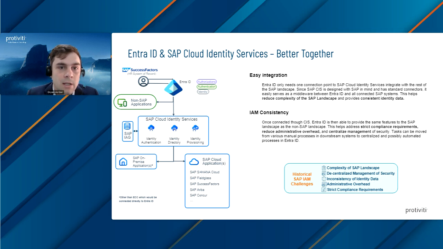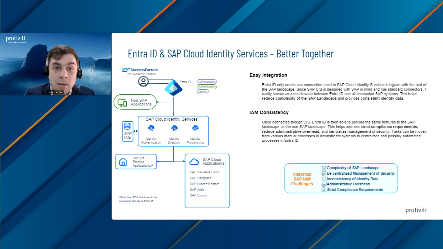So if we look at this landscape diagram here on the left, Entra ID only needs to be connected to SAP CIS, and then CIS serves as a gateway to the rest of the SAP landscape. So you set up that one connection, and then CIS can connect to all of your downstream SAP systems.